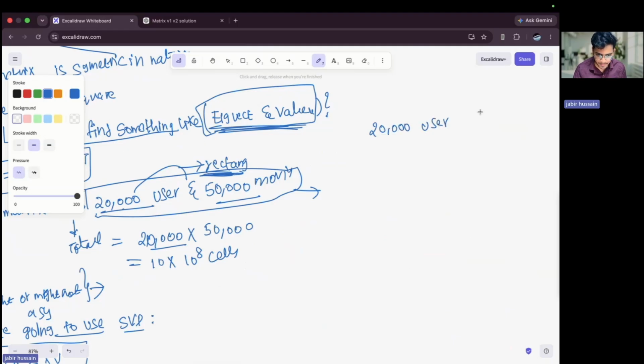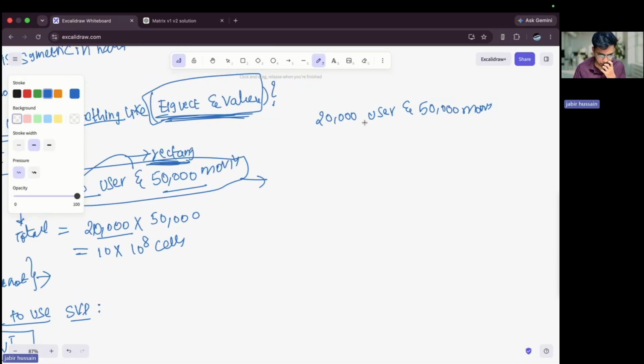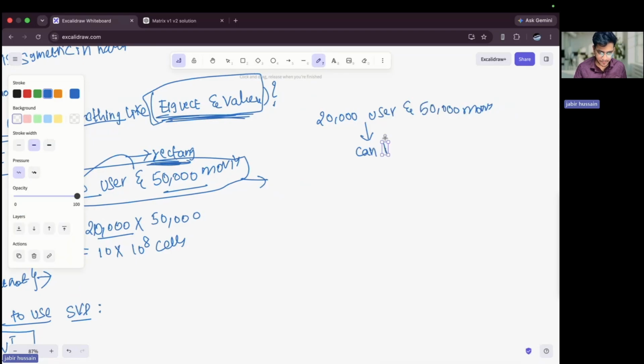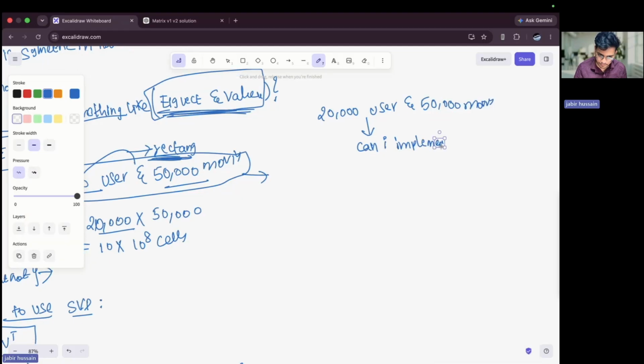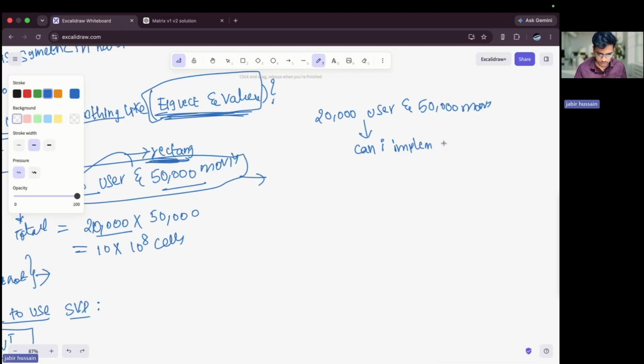And how many movies are there? 15,000 movies. My question is, can I implement PCA?